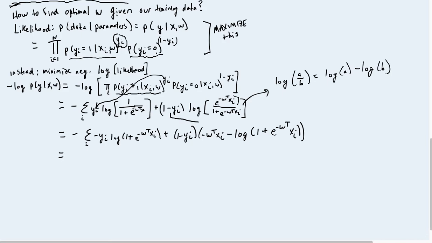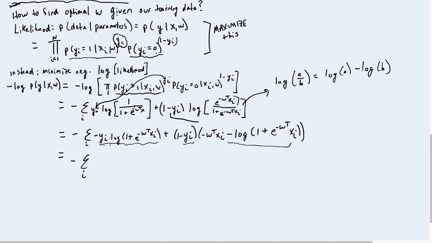Now let's just notice here that we have negative yi times log of 1 plus e to the negative w transpose xi, and then we have a negative yi times the negative of that. So these actually end up canceling out eventually. So we'll cross this guy out with this and that. Actually, it might be easier if we expand this. So let's just keep expanding this for another minute.